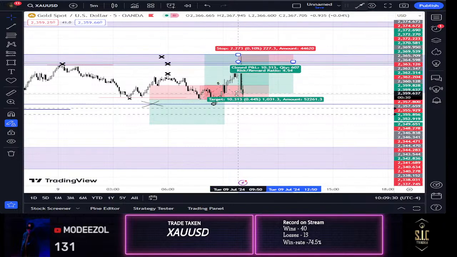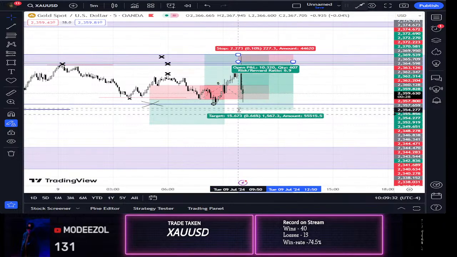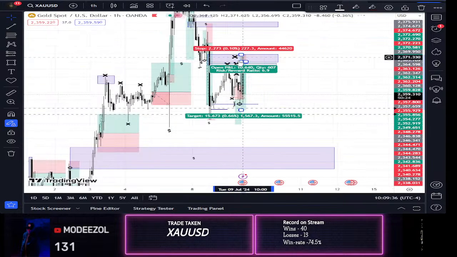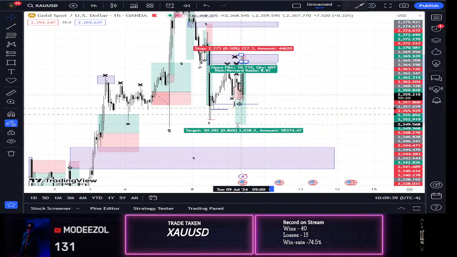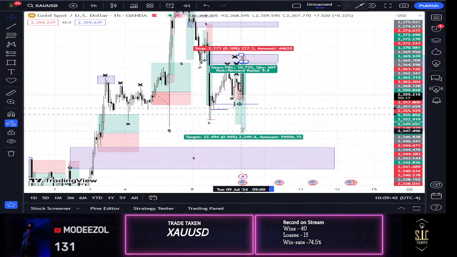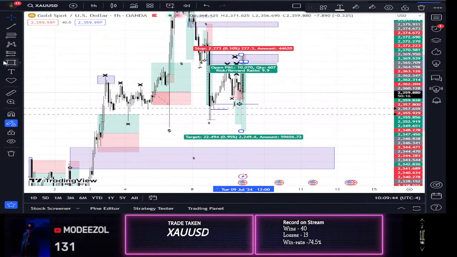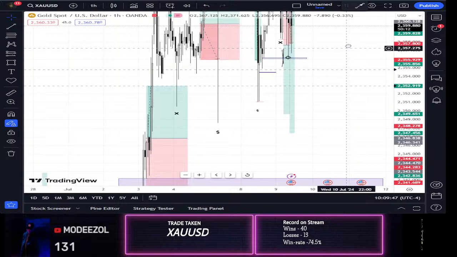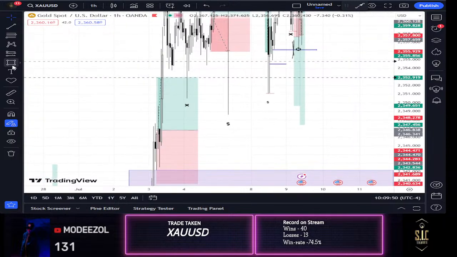Up in that area. And then to do what? Go to the hourly. After you find that nice little wick there, go look for hourly insufficiency in price. The first one would be right here. Look left. We'll mark it just so you can have it and see, because I don't want you to say you didn't see it.